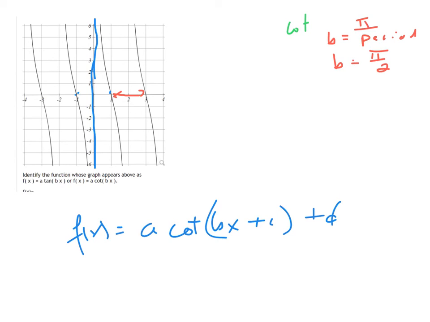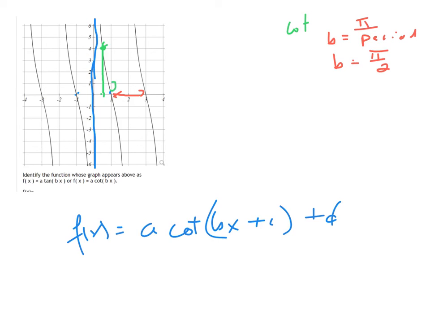So to find a, I find the asymptote, so I already drew that in blue. Then I have to find halfway. So there's about halfway. And then I'm going to go up from halfway until I hit my graph. So if I go up from there, I hit my graph at 4.